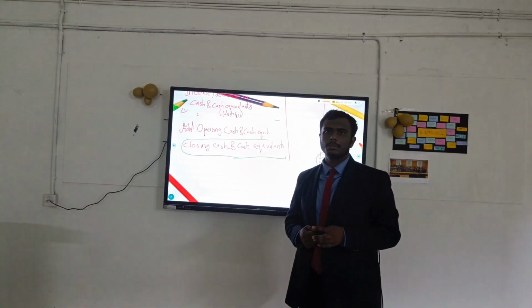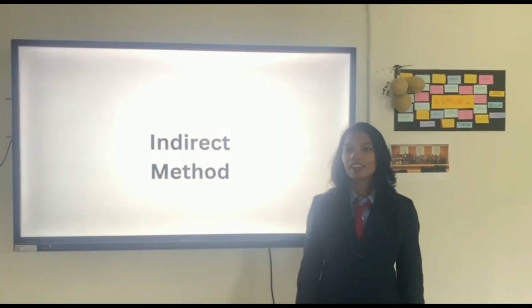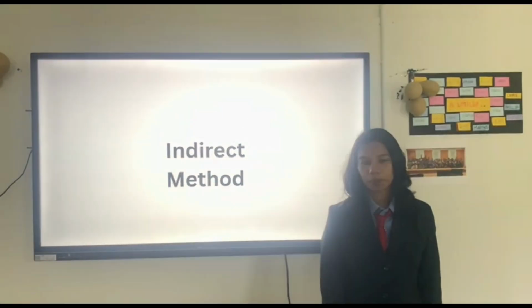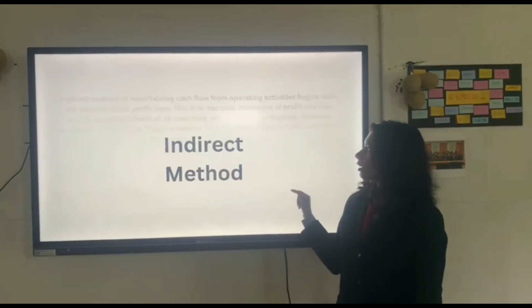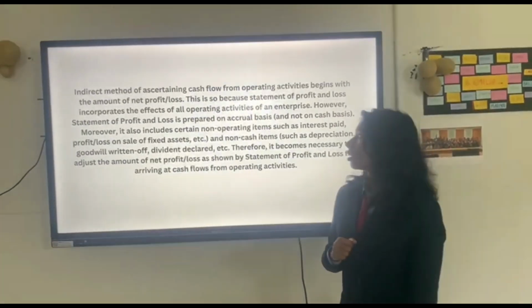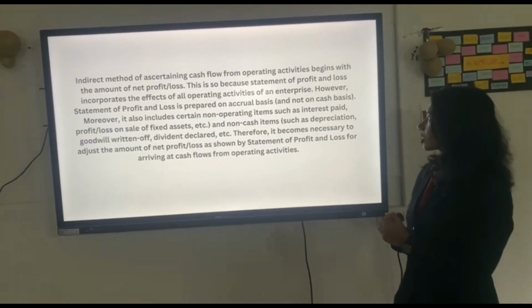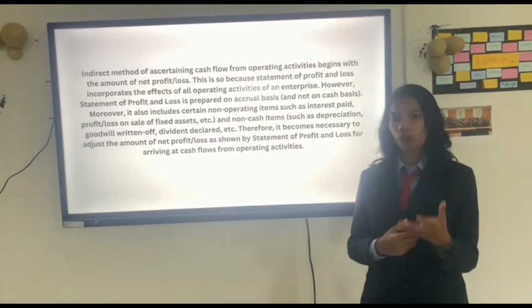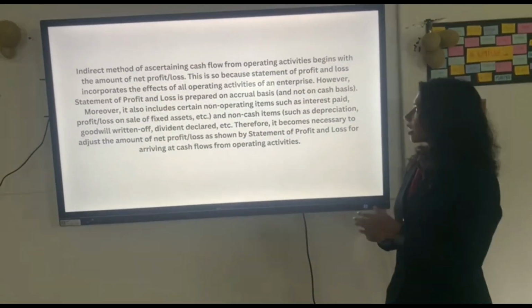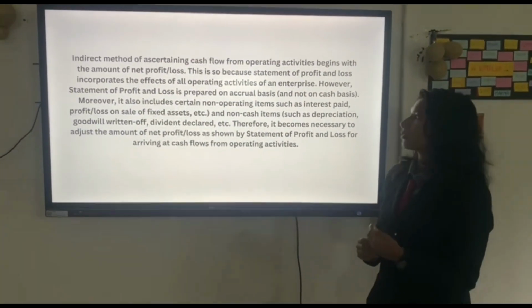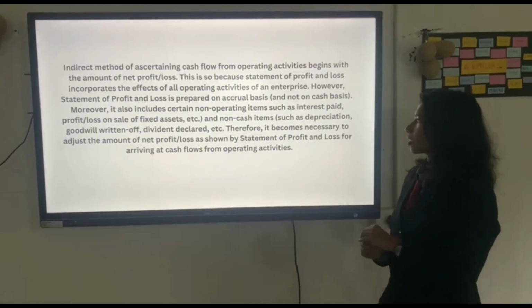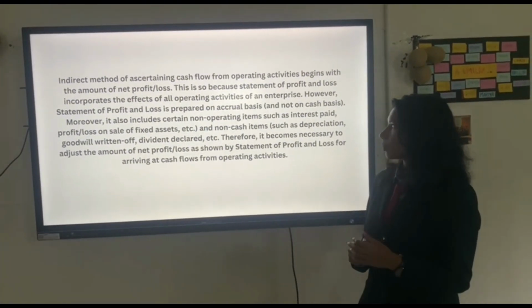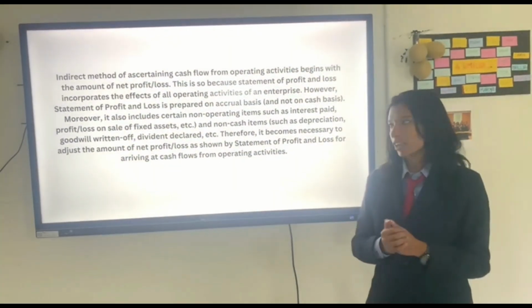Next we can discuss the indirect method. Next we will be discussing the indirect method of cash flow statements. The indirect method of ascertaining cash flow from operating activities begins with the amount of net profit or loss. This is because the statement of profit and loss incorporates the effect of all operating activities of an enterprise. However, the statement of P&L is prepared on accrual basis and not on cash basis.